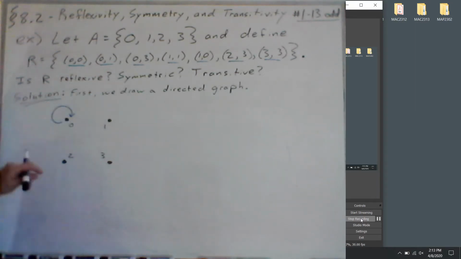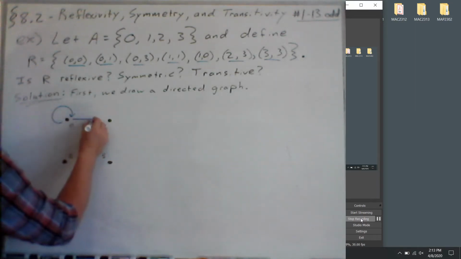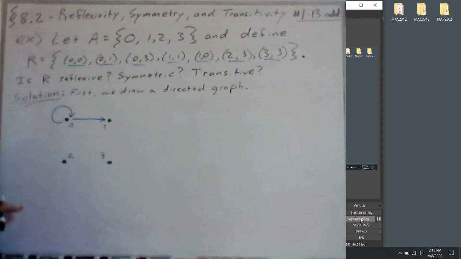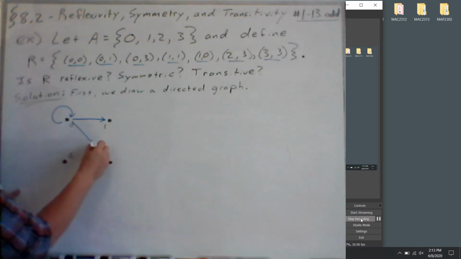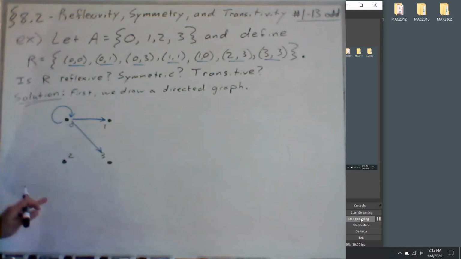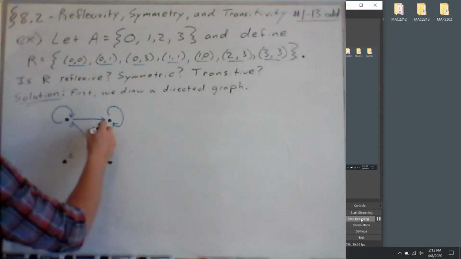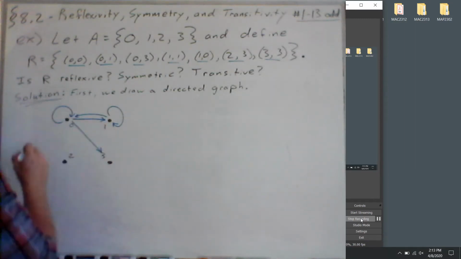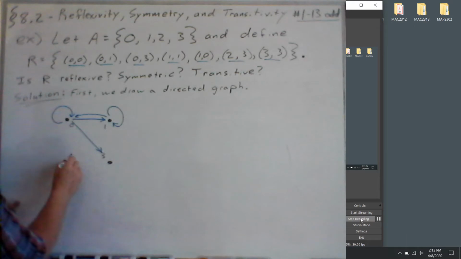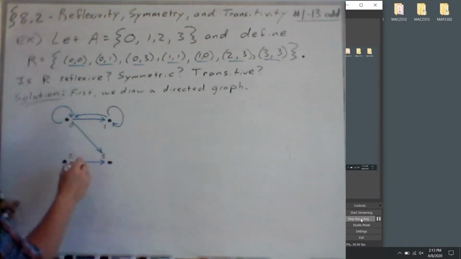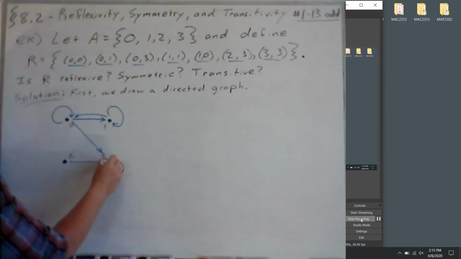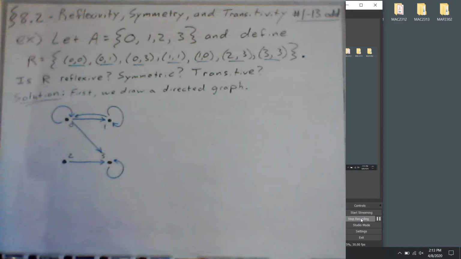Then 0 is related to 1, and 0 relates to 3. 1 to 1, 1 to 0, 2 to 3, and 3 to 3. So this is what our directed graph looks like.